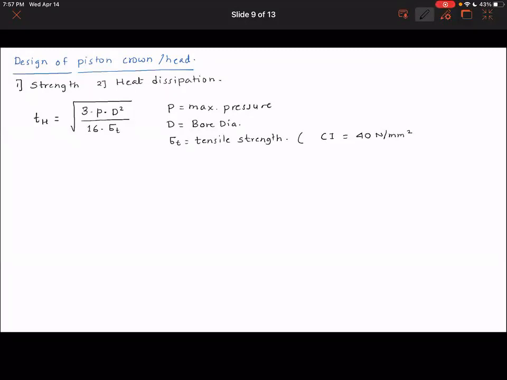If you have nickel cast iron, which is an additive, an alloy of cast iron, that can go up to 90 Newton per millimeter square. And if you have aluminum alloy, you can go up to 100 Newton per millimeter square.